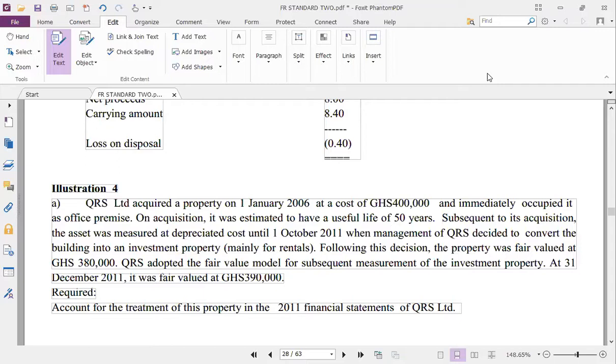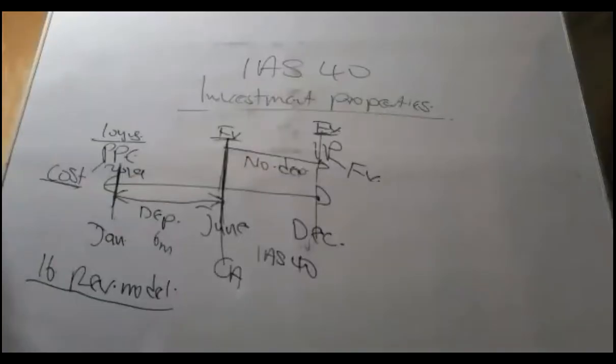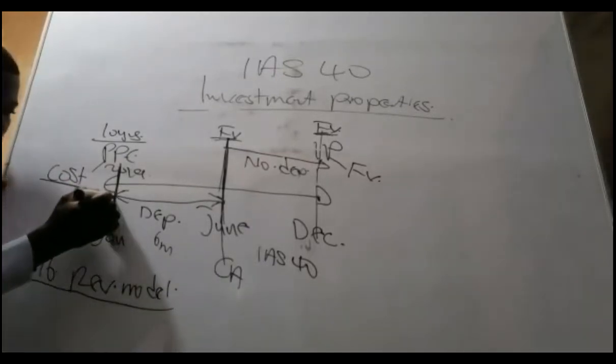I can also sense from the question that they were using the cost model as owner occupied, but now they want to use the fair value model for subsequent measurement of investment property. It was also done mid-year, October 1st, 2011. So here, if I go back to the question, I look for these items. So first, look for depreciation from here to here.